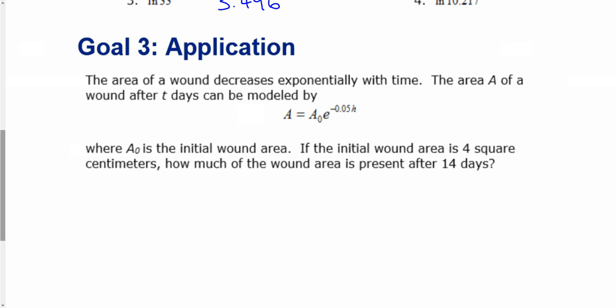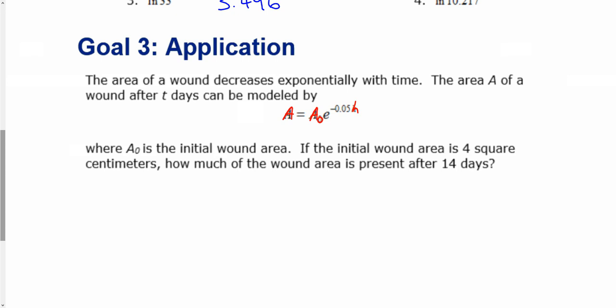Now, in this problem, it looks like there's 4 letters, but there's actually only 3. This problem has the A with the little 0 at the bottom, and the H. Now, E is not a letter, right? E is a number. It's that decimal that I showed you on the front page. So that's why I said there's only 3 letters here.